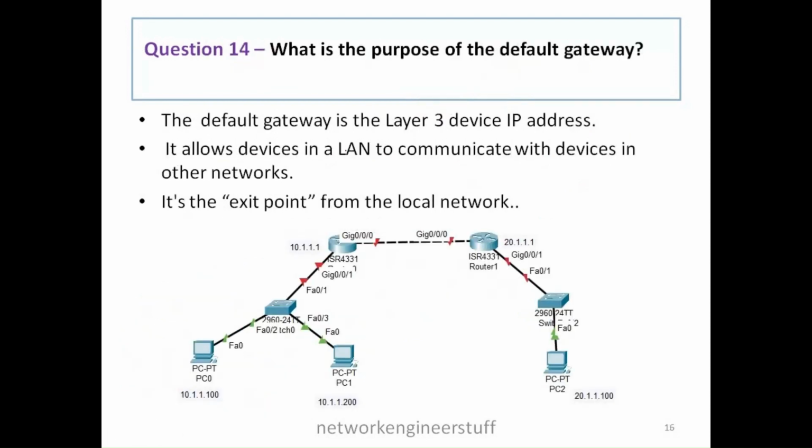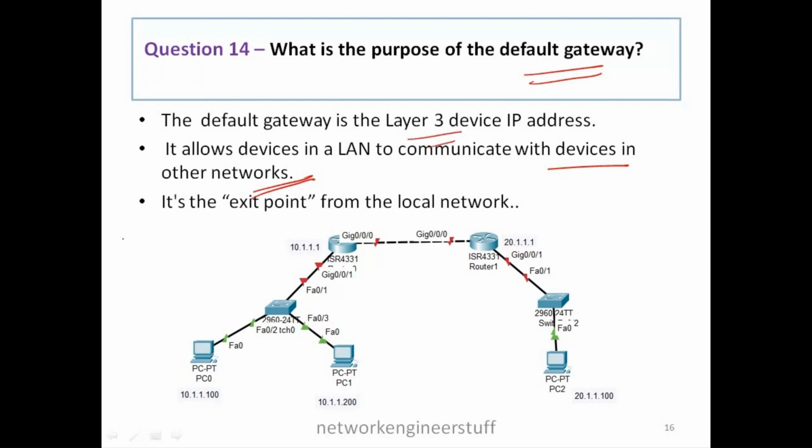Question number 14. What is the purpose of a default gateway? The purpose of a default gateway is to communicate with devices in other networks. This default gateway, guys, is nothing but a layer 3 device. Why?